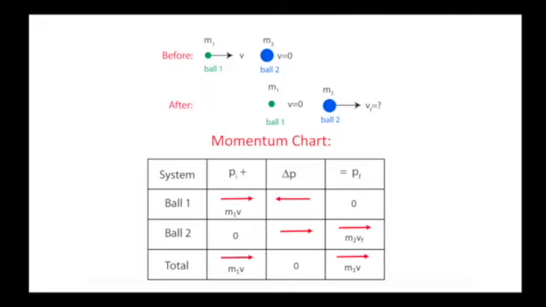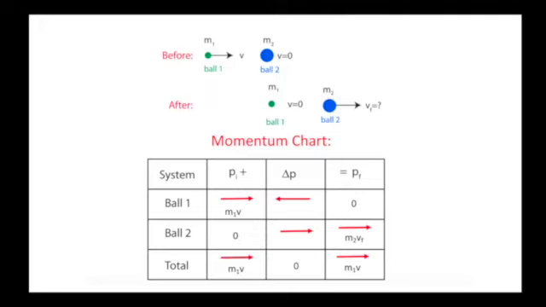So ball 1 was moving forward, ball 2 was stationary, so our total is just the momentum of ball 1 to begin with. Our final state, we know ball 1 stopped and ball 2 was now moving to the right, and so our final momentum is just the momentum of ball 2. But since our delta P was 0, there's no net force, we know that the total initial and final momentum are the same, which tells us essentially that ball 1 transferred all of its momentum into ball 2.